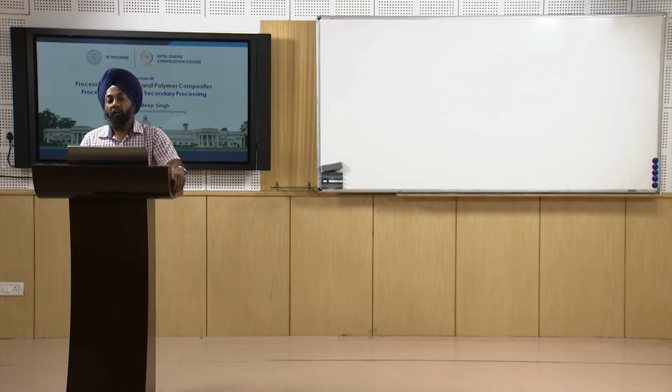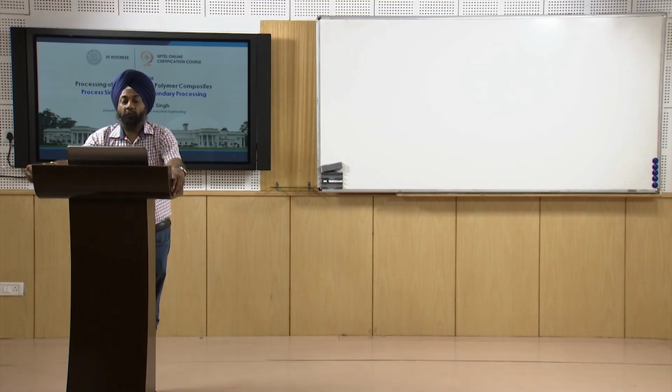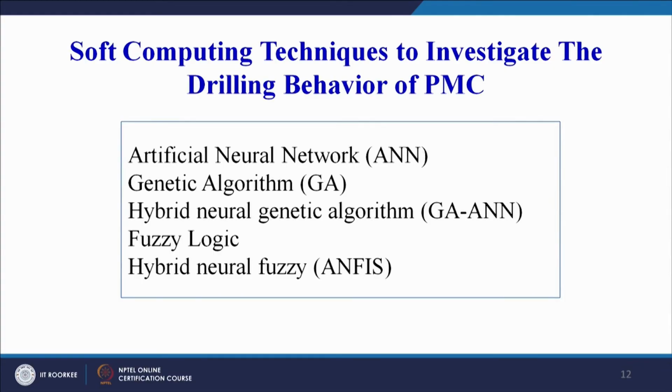Then there are many artificial intelligence tools that are also used for understanding or predicting the behavior of polymer matrix composites. It can be the drilling behavior, it can be the joining behavior. The soft computing techniques or artificial intelligence tools that can be used are artificial neural networks, genetic algorithms, hybrid neural genetic algorithms, fuzzy logic, and hybrid neural fuzzy algorithms.